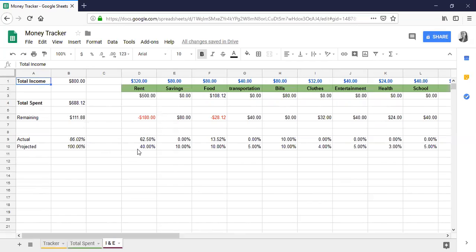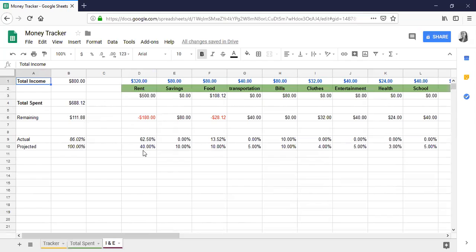And so with this, this is where I would look to actually create a practical budget, where I could say, well, I projected that 40% of my income will be spent on rent, 10% on savings, 10% on food, etc. This percent of what I project is reflected in these blue numbers up here.